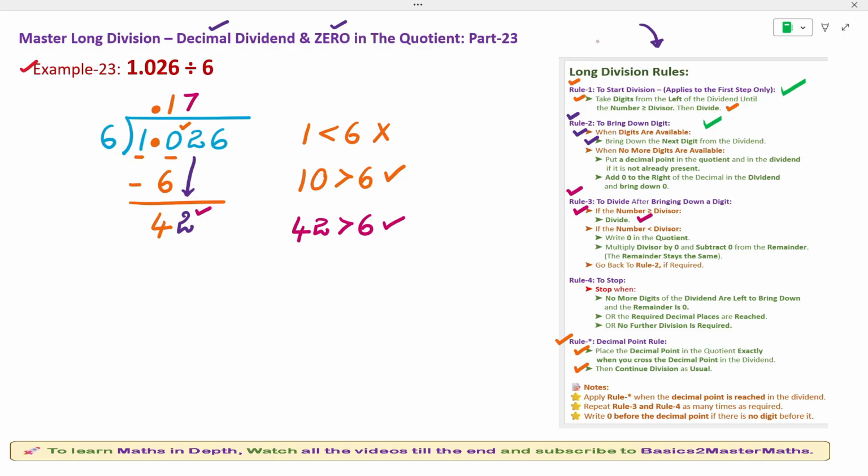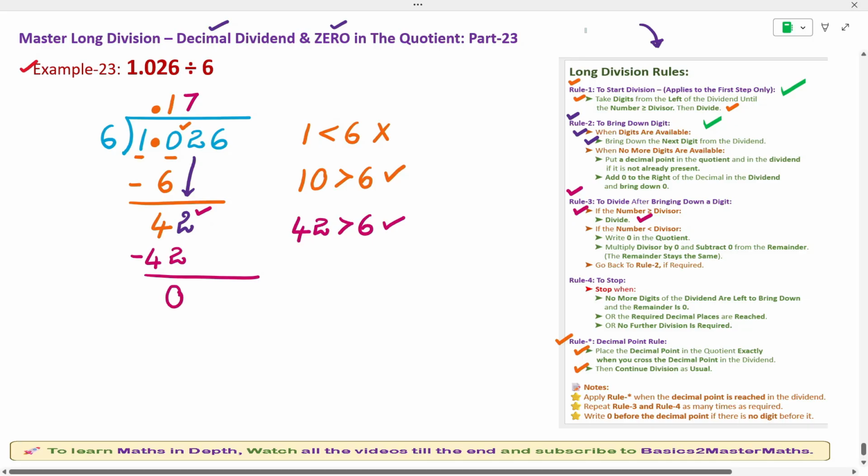6 sevens are 42. So, you will get 0 as the remainder. Now, rule 3 is complete. Let us go back and apply rule 2 again.